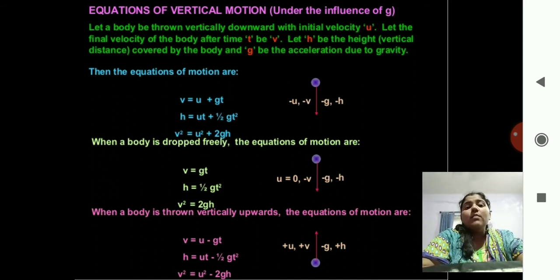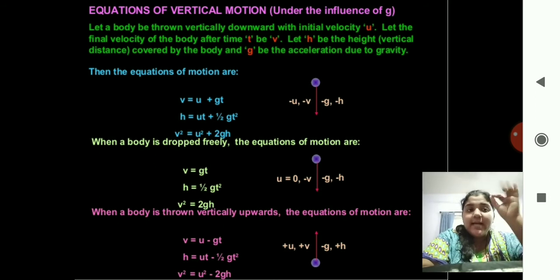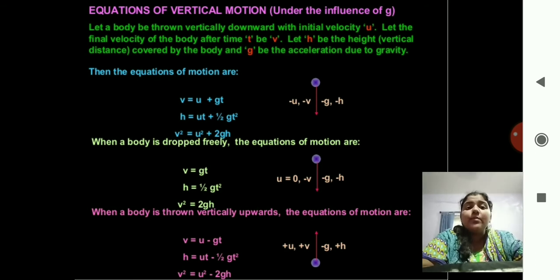Now, when a body is dropped freely, the equations of motion will be as follows. If we are dropping something from above, we are not applying any force at the initial stage, so u will be 0. The condition given is that the body is dropped freely, meaning at the initial stage no force is there, that is u is equal to 0.